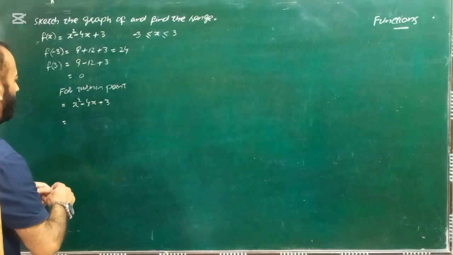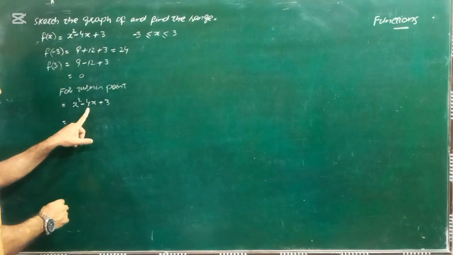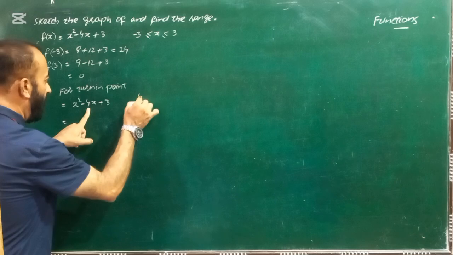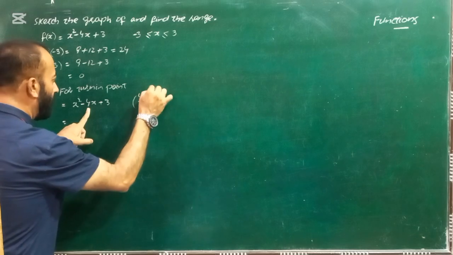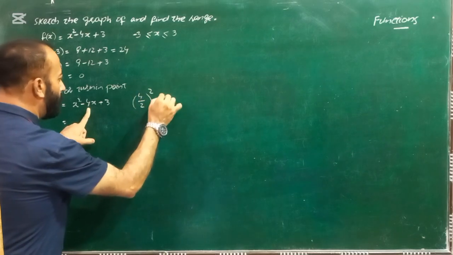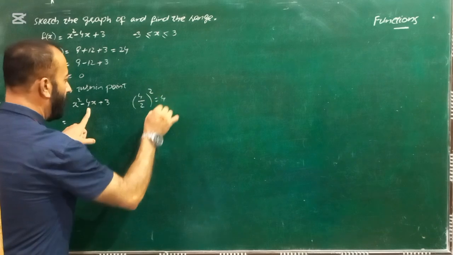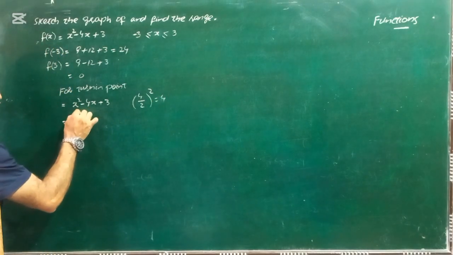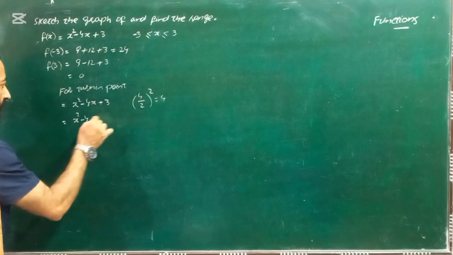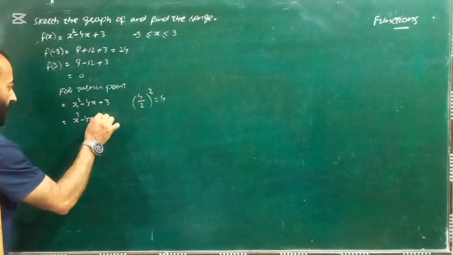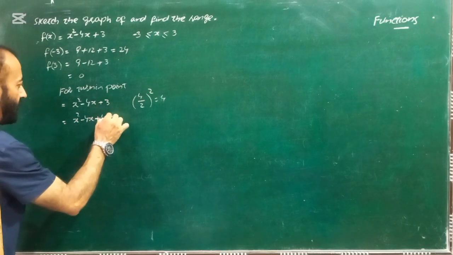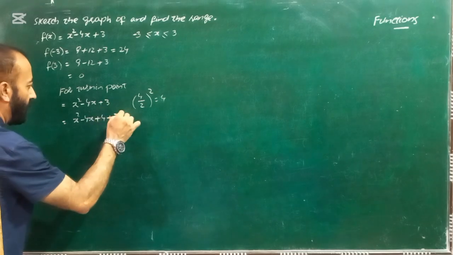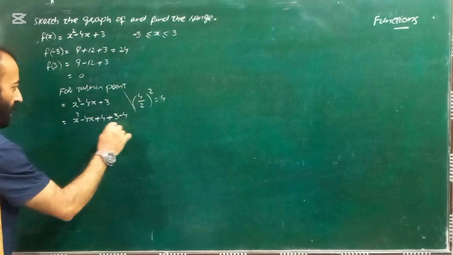Take the coefficient of the singular variable, make it half, take its square. So this is 2 square, that is 4. So add and subtract it over here. The plus factor will be written with this term and the minus factor will be written with the constant. So this is the method.